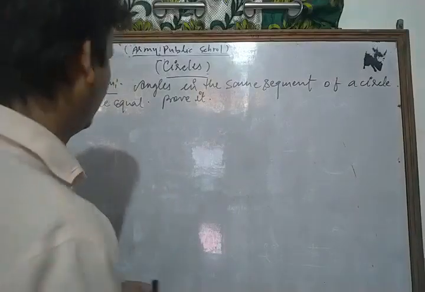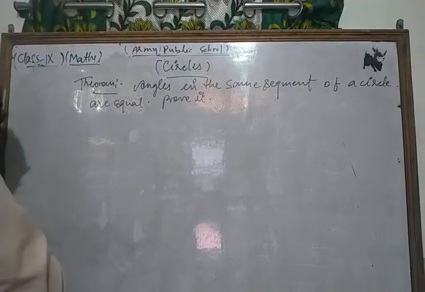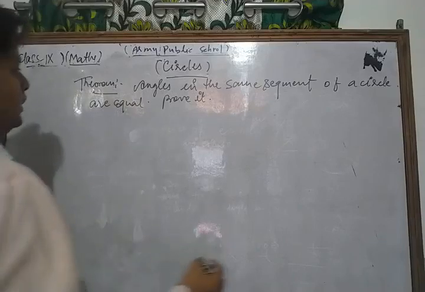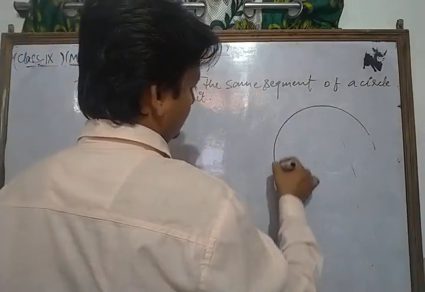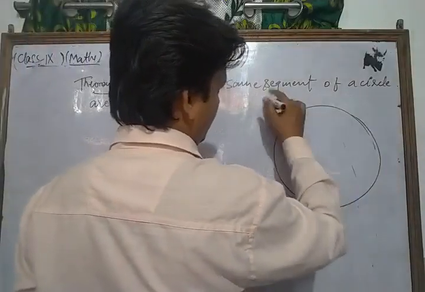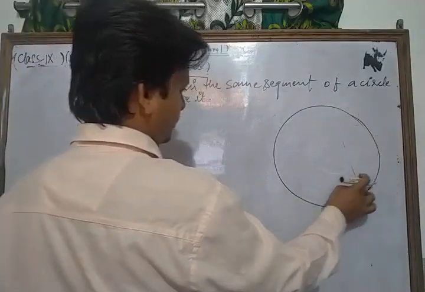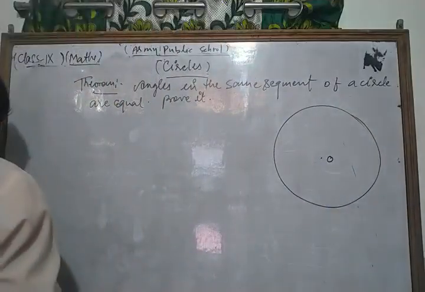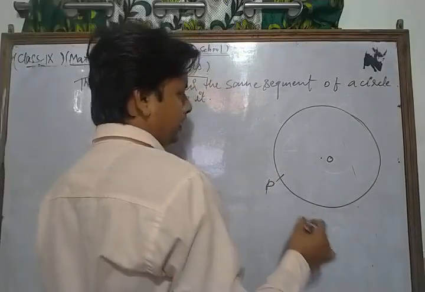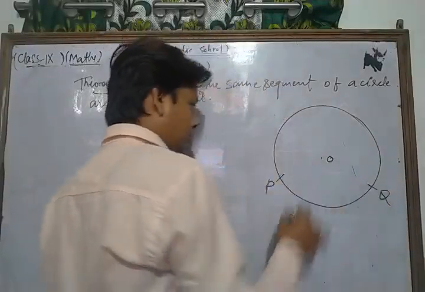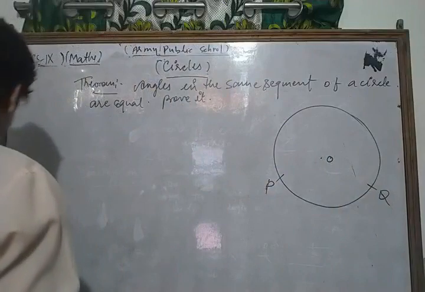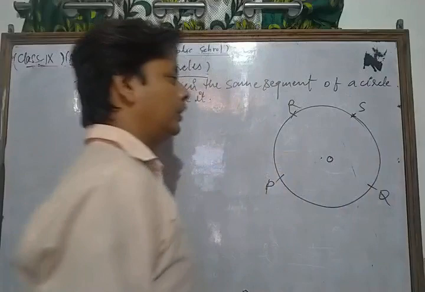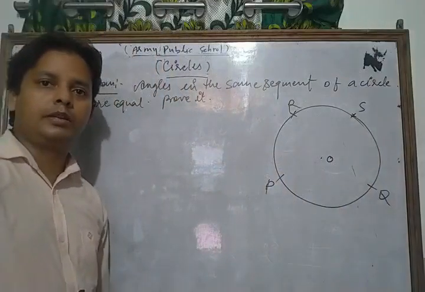Okay, so let's see. First of all, we draw a circle with center O, in which let us take P and Q as 2 points on that circle, and let us take R and S as any 2 points on the remaining part of the circle.